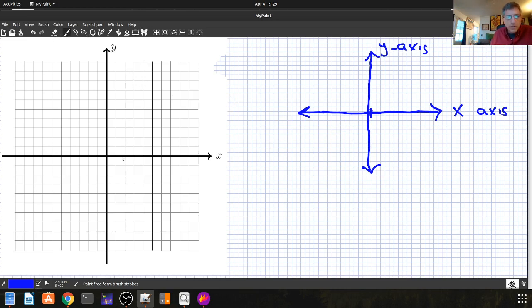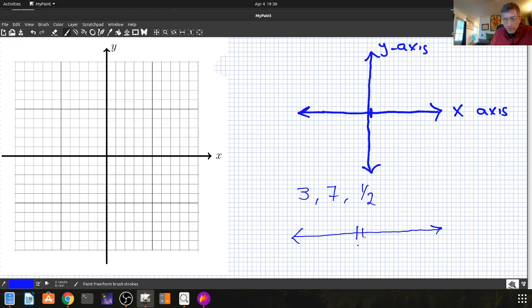So what's the whole point about this is, in the one dimension we just had numbers like 3 or 7 or 1/2, and they were located along the number line.